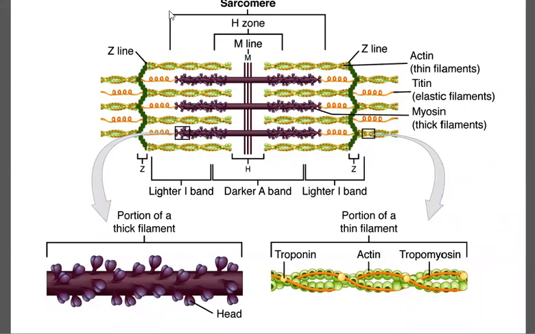Here, the area between two Z lines we can say is the sarcomere. And the sarcomere is a unit of muscle fiber.